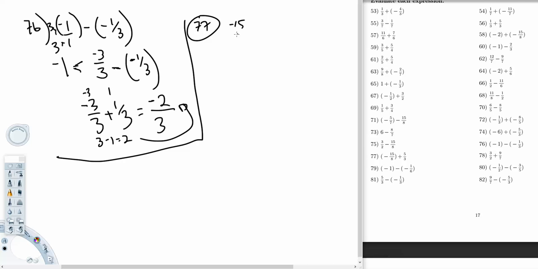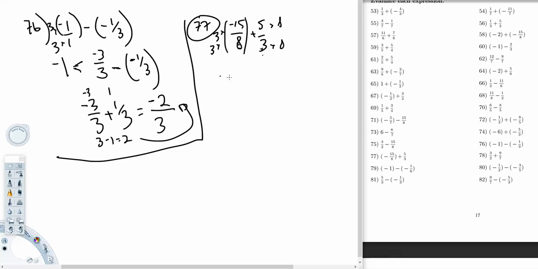Negative 15 over 8 plus 5 over 3. Okie dokie. So we've got to make these agree. So I think we can multiply 8 by 3 and this here by 8. Remember, you have to multiply the top and the bottom for the fraction to remain the same value.